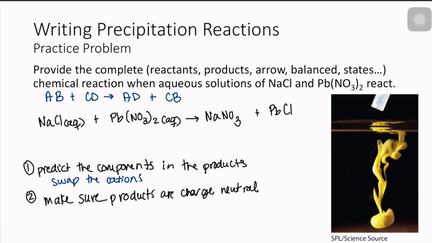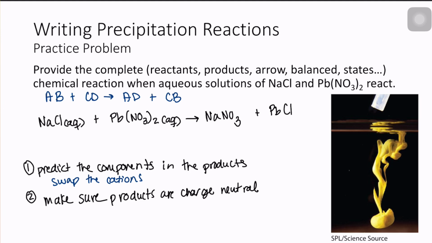So I need to go through and identify the charge on each thing present in my reaction. I know sodium is in group 1, so it is going to have a charge of +1. Nitrate is a polyatomic ion, and it has a charge of -1. Since it's +1 and -1, those are already equal, and I don't need any subscripts. It's going to be charge neutral as I have it written.